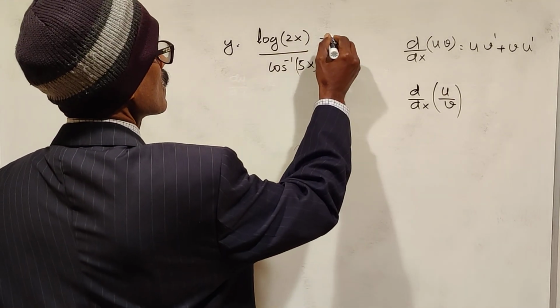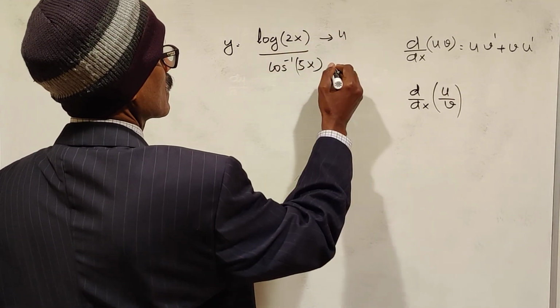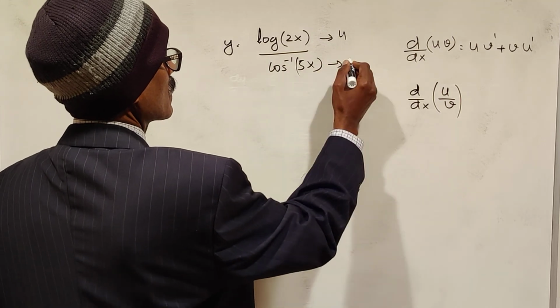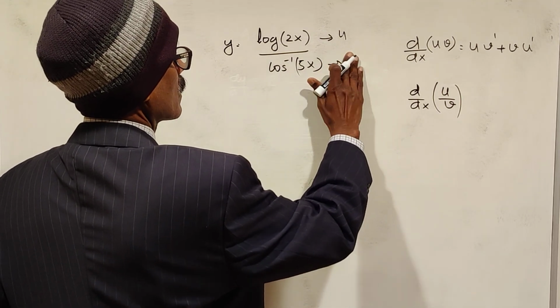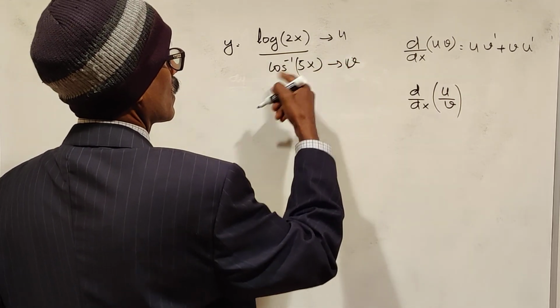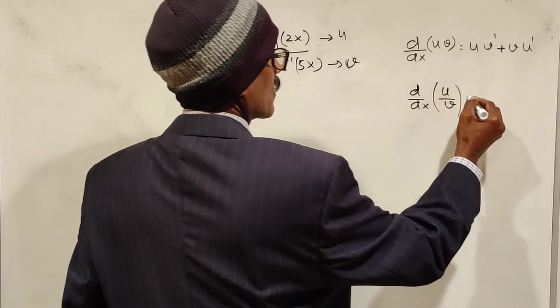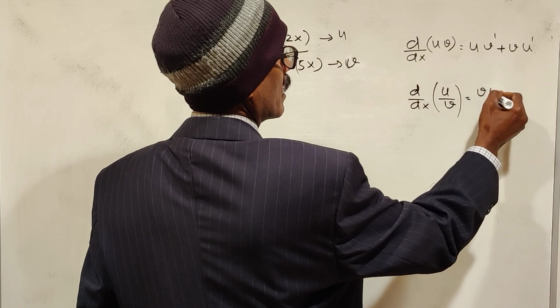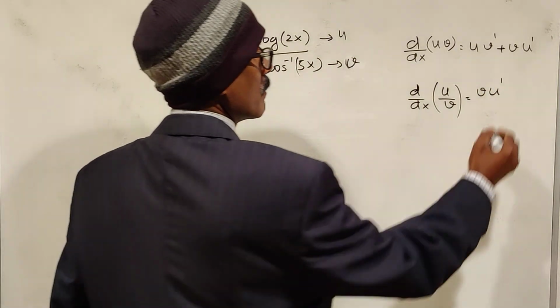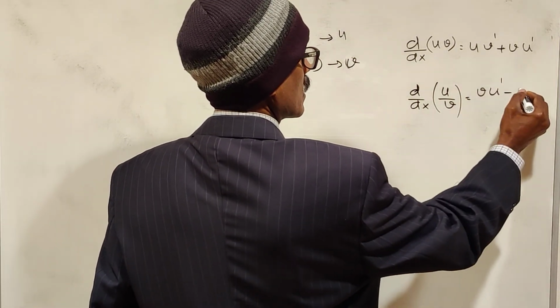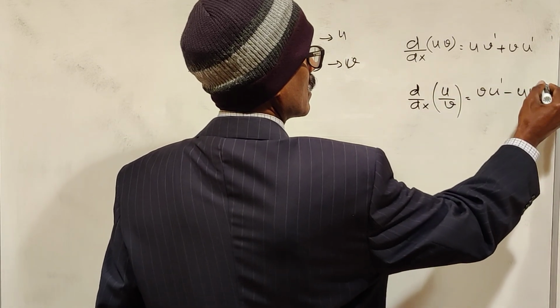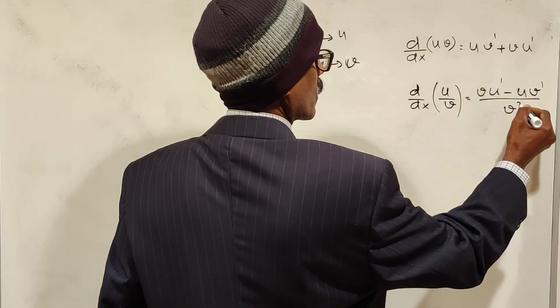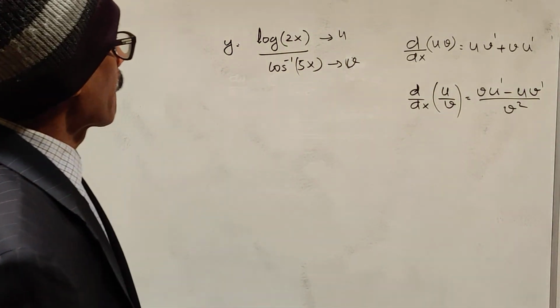Here u is log 2x, and v is cos inverse 5x. What is the formula? v, the denominator, into derivative of numerator, minus numerator into derivative of denominator, by denominator square. That is the formula.